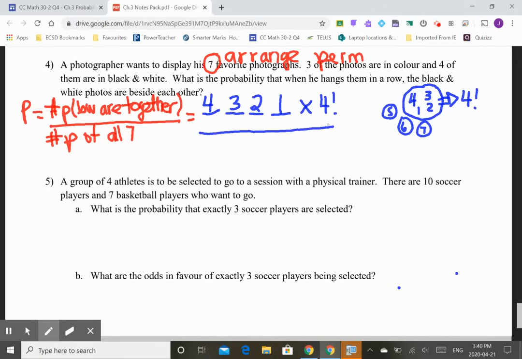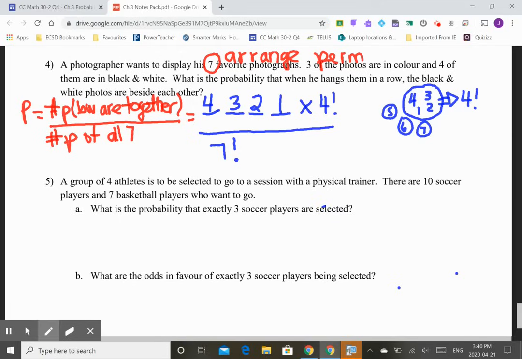In the denominator, we are arranging those 7 items any way we want. So you can draw 7 blanks and put 7, 6, 5, 4, 3, 2, 1, or recognize that we've got 7 items and we are arranging all 7 of them, which is 7 factorial. We're going to put those into our calculator.